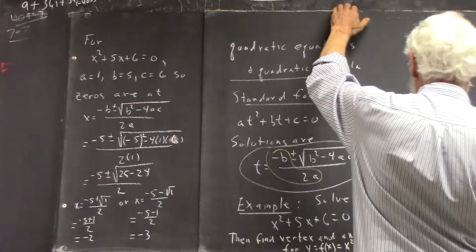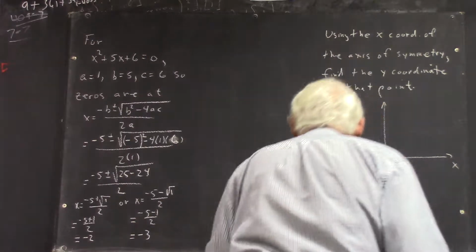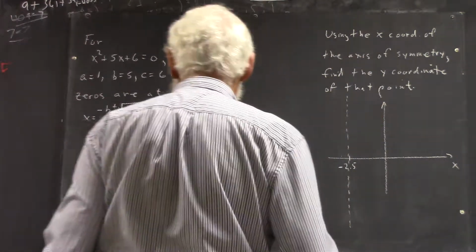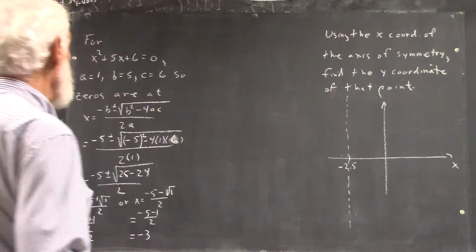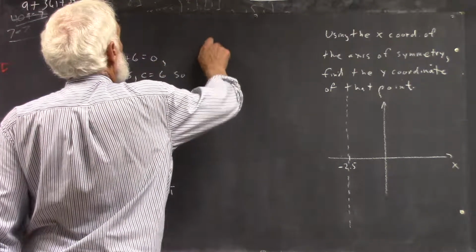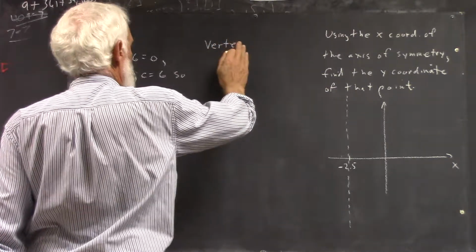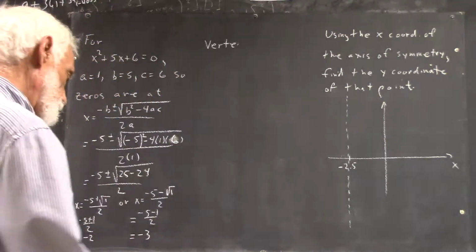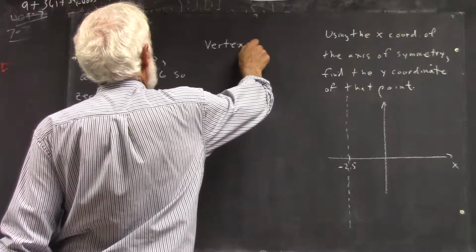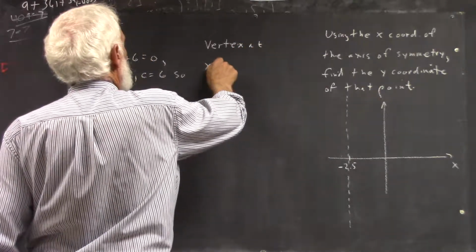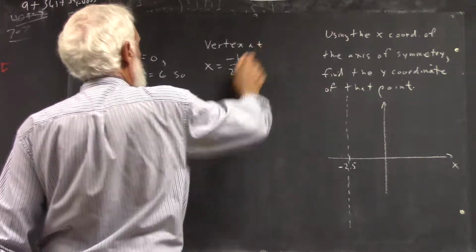Now I'm kind of running out of room to write because of this stuff over here, but let's go ahead and figure out the next thing, which is the vertex. Okay? So vertex, or actually, did I say the vertex? I think I did. Yeah. Vertex is at x equals negative b over 2a.